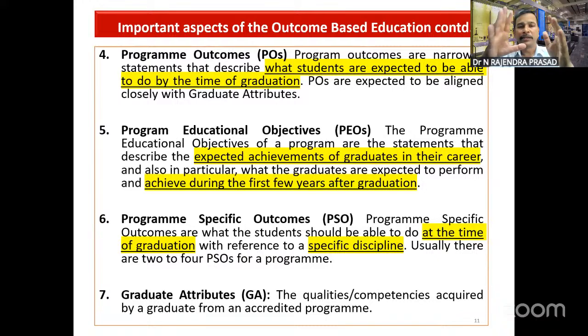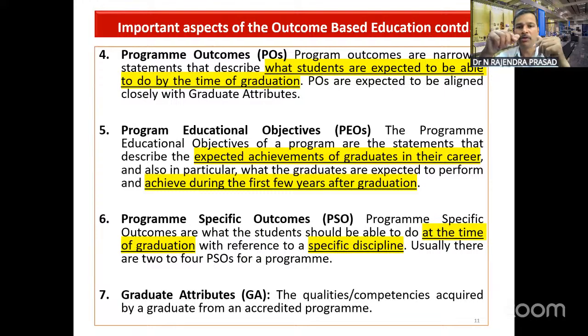Then another important thing is program educational objectives, that is denoted by PEOs. And this is expected by the institute. The institute has to take care about the student who has studied in the higher education institution. After a few years, what exactly is the graduated student from our institution doing?